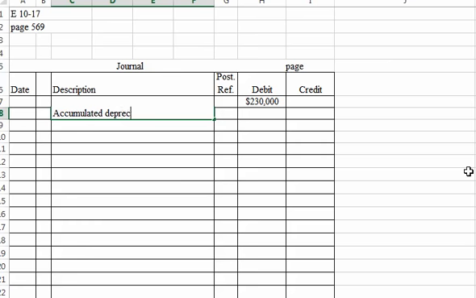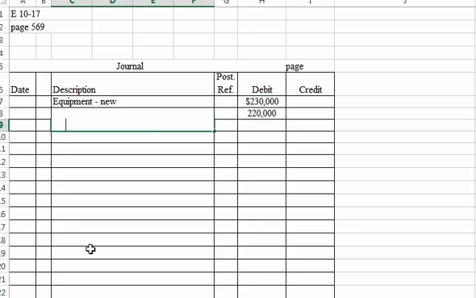Again, we want to take the accumulated depreciation off the books. It had a balance of $220,000. We're going to credit the old equipment for its cost, which was $400,000.